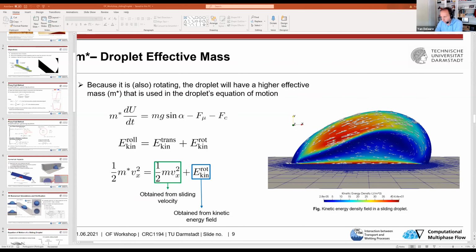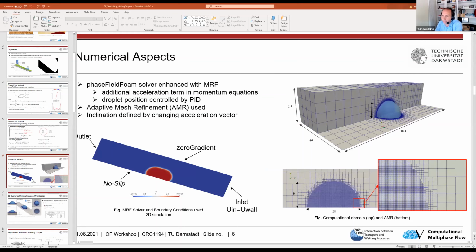I have one final question. Well, on my side, I would love to ask you if you've considered looking at dynamic contact angles and their effect, or if it would be justified at all for this type of droplet flow. Actually, our formulation doesn't need dynamic contact angle as a boundary condition.